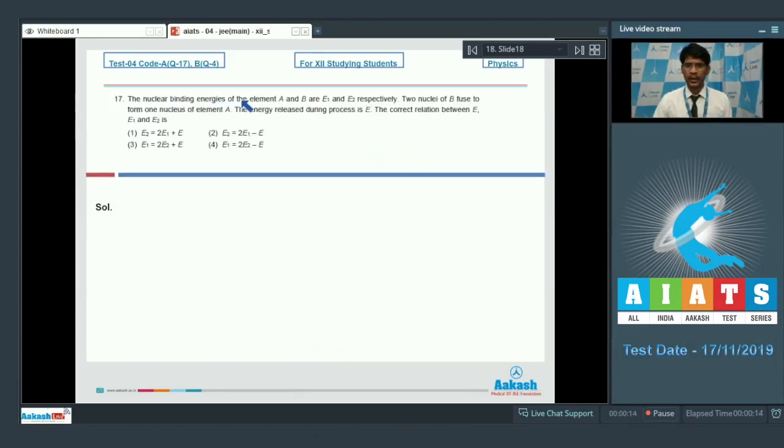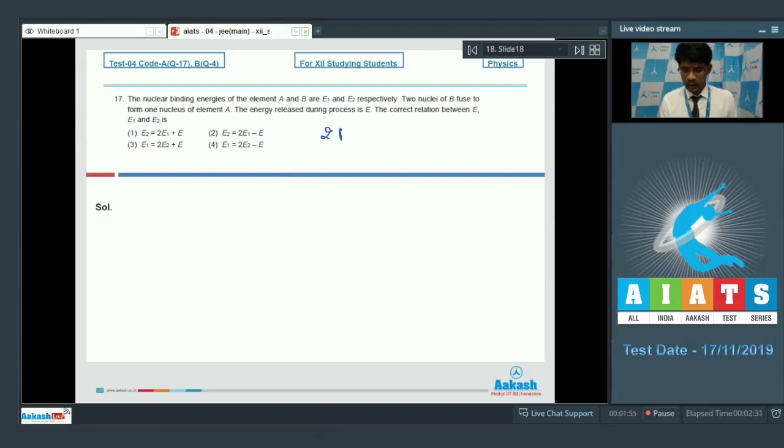The nuclear binding energies of elements A and B are E1 and E2 respectively. Two nuclei of B fuse to form one nucleus of element A. The energy released during the process is E. The correct relation between E1 and E2 is, a very simple question here.